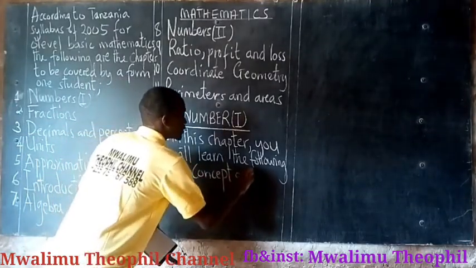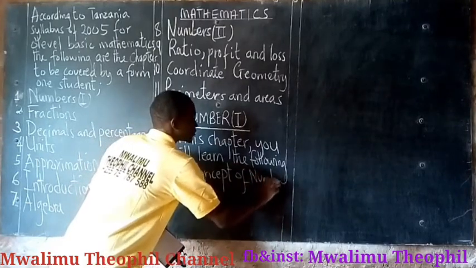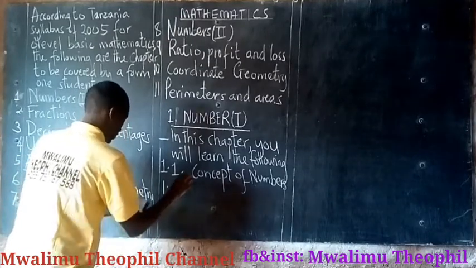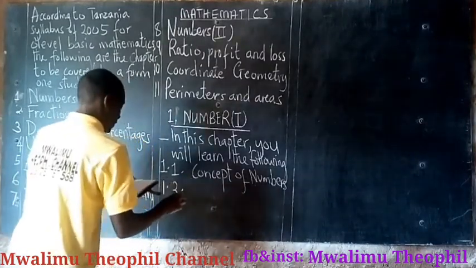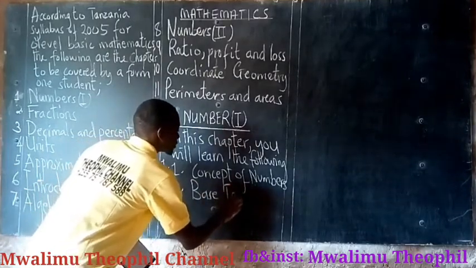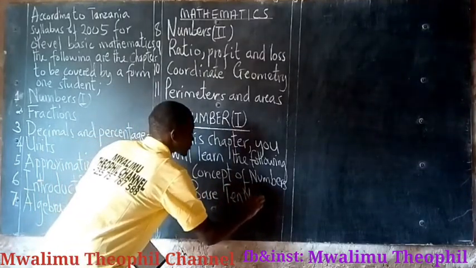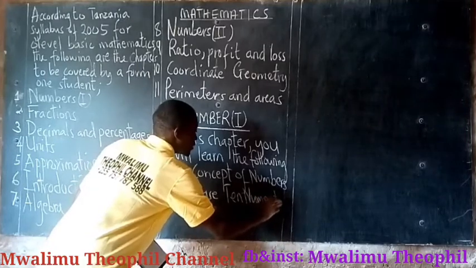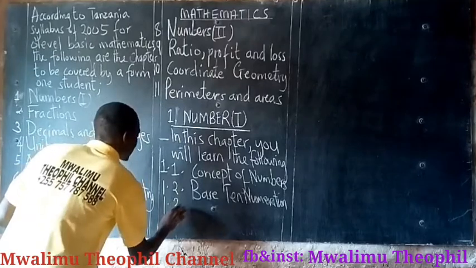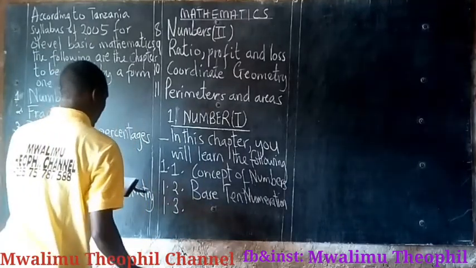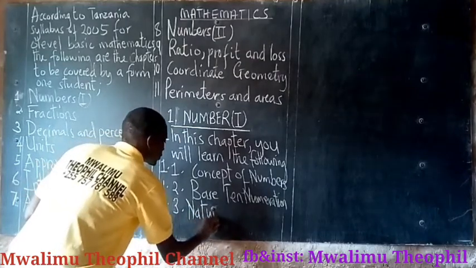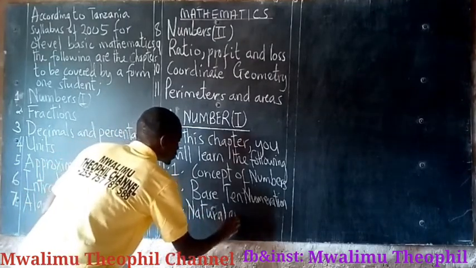The second part, 1.2, will be base 10 enumeration. The third part will be natural and whole numbers.